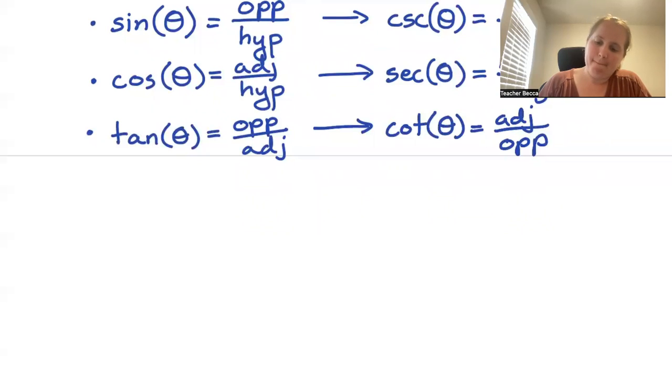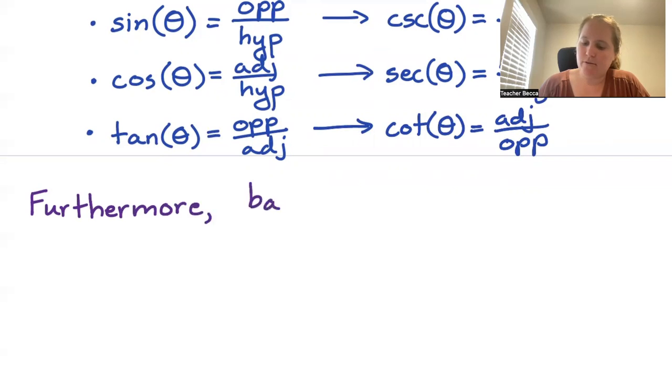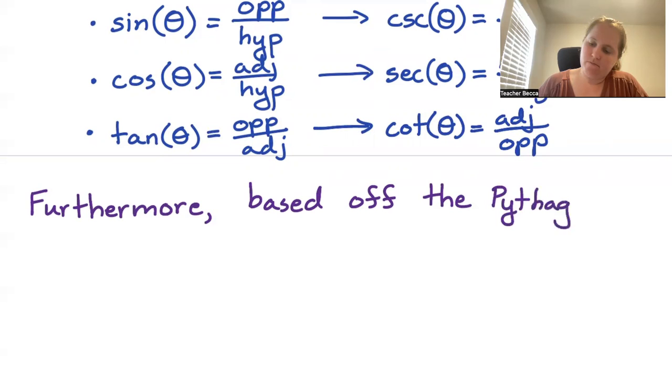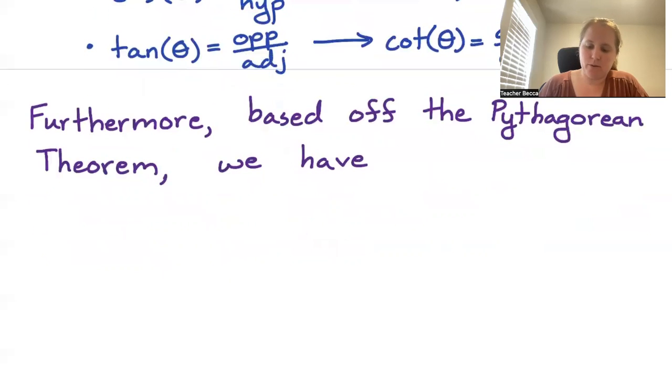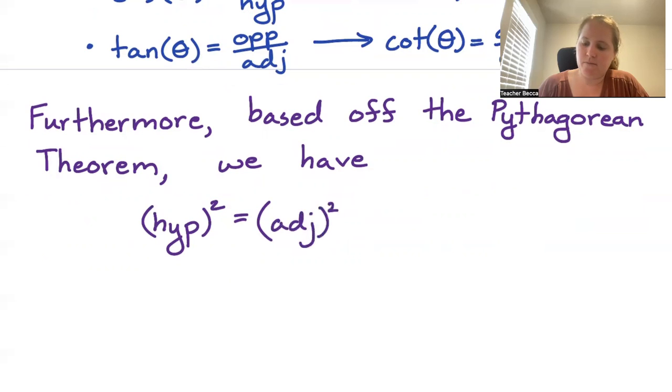Furthermore, based off the Pythagorean theorem, we have the hypotenuse squared is equal to the adjacent side squared plus the opposite side squared.